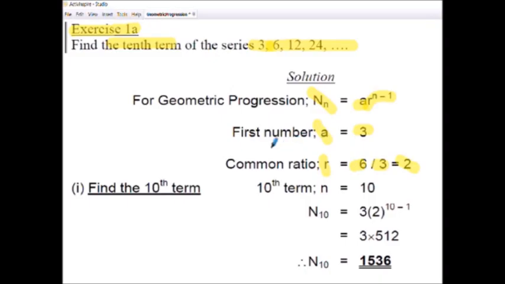We're trying to find the 10th term, so little n is equal to 10. Therefore n10 is equal to a, 3, times r, 2, to the power of n minus 1, 10 minus 1. Doing the arithmetic on this, n10 is equal to 1536, or the 10th term in the series is 1536.